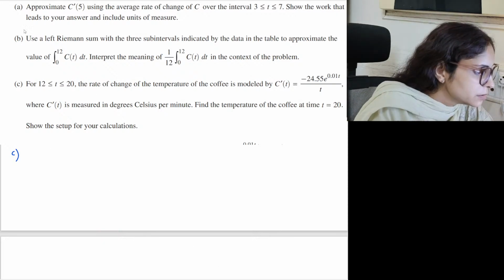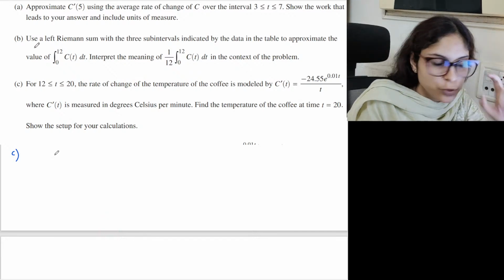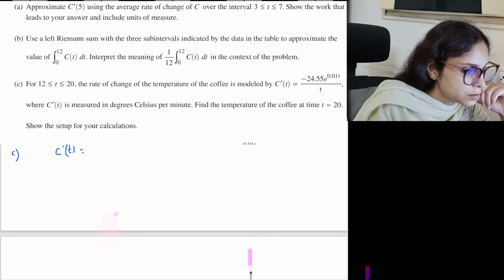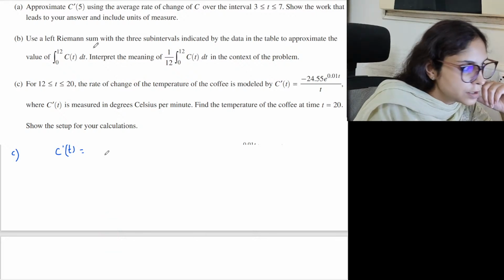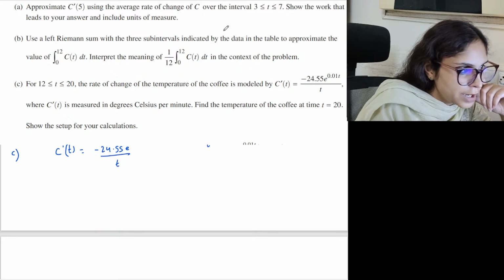So from there, because C derivative is given from 12 to 20, and it is negative 24.55 e to the power 0.01 t over t, and t is going from 12 to 20.